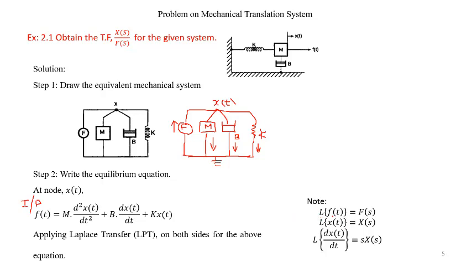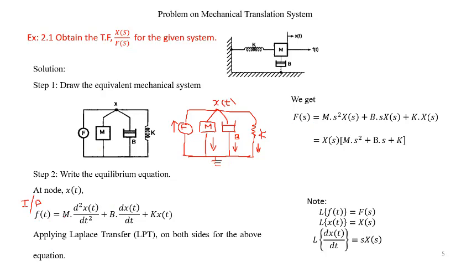Laplace transform of f of t is equal to F of s, Laplace transform of x of t is equal to capital X of s, and Laplace transform of dx by dt is equal to s into X of s.